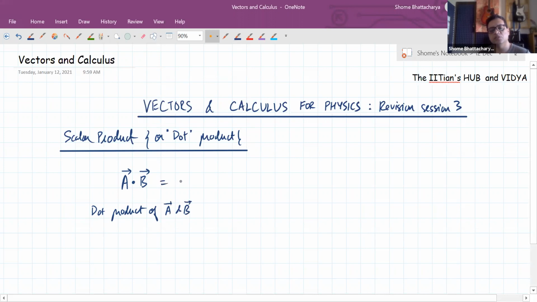The definition, or the simple formula that gives us the value of the dot product, is the product of magnitudes into the cosine of theta, where theta is the angle between the two vectors.